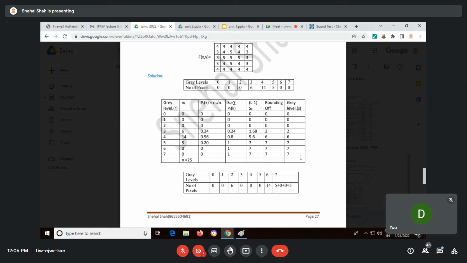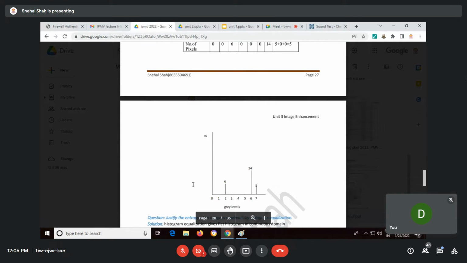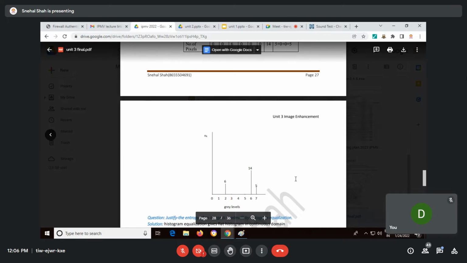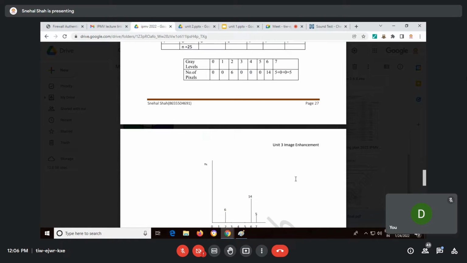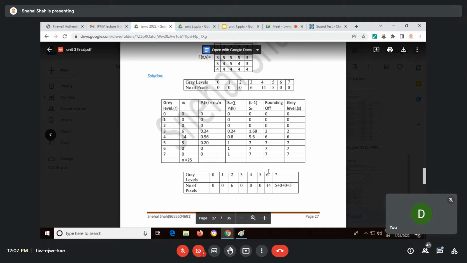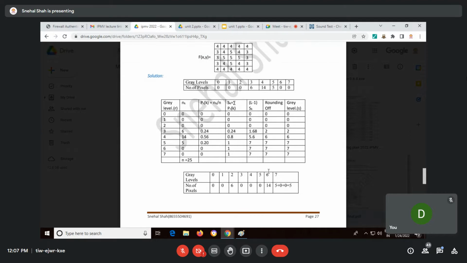Okay, so then draw the histogram. हो गया सबका कि बाकी किसी का कोई कर रहा है?